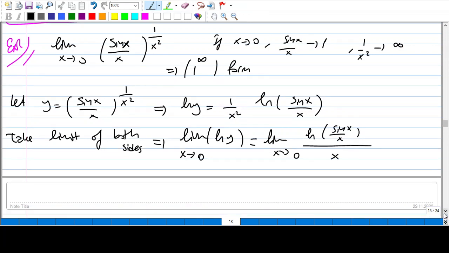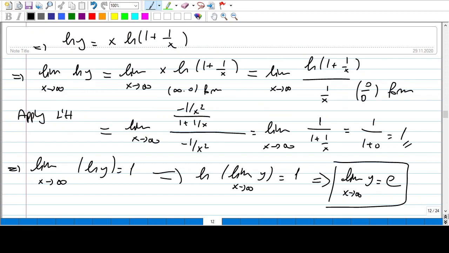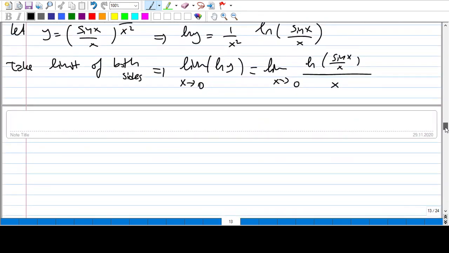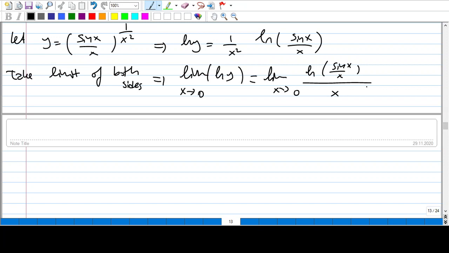So let us check what form we have. Whenever x is approaching 0, the below term is 0, and the above term, ln of sine x over x, approaches ln 1, which is 0. So this is of the form 0 over 0, which means we can apply L'Hopital. Directly, I do the calculation: the limit as x goes to 0 of ln of sine x over x.